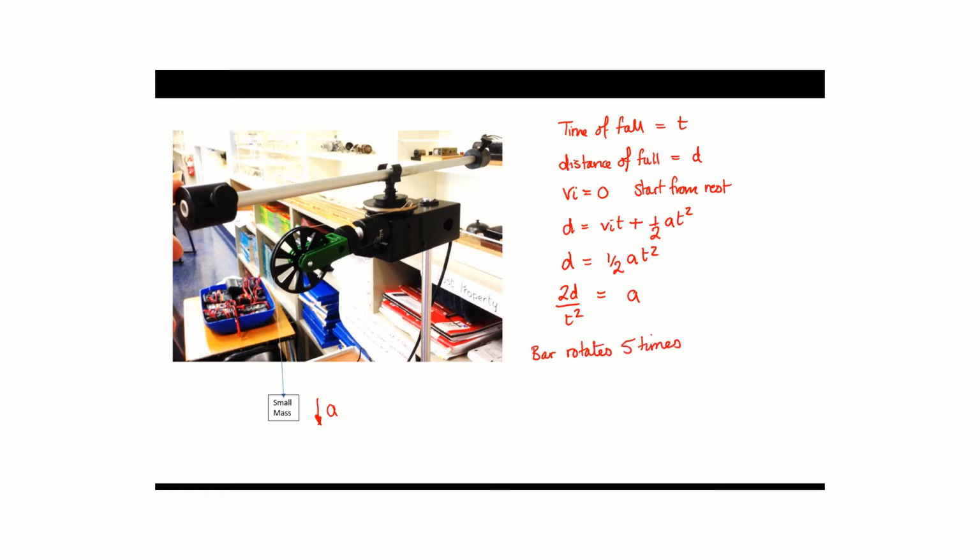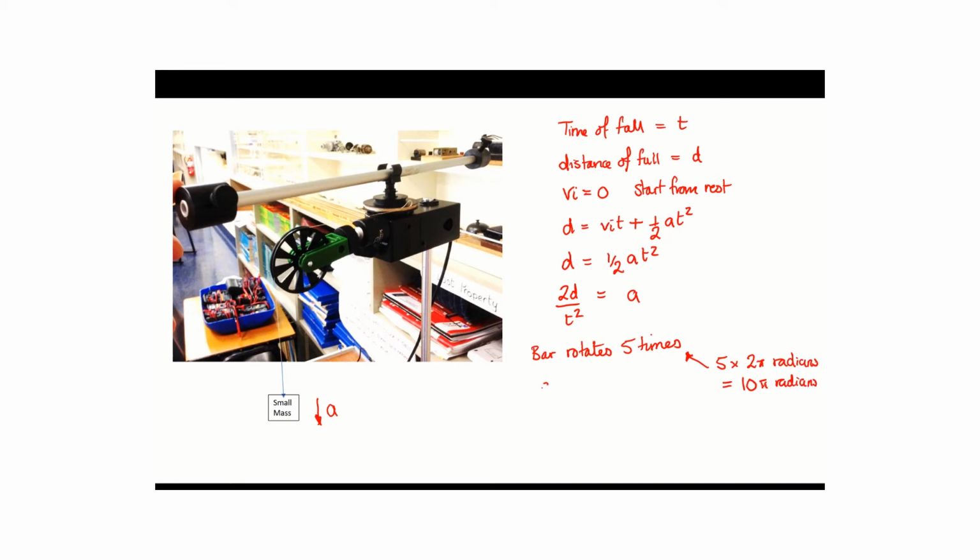That will give us 5 times 2 pi radians: the 5 for the 5 rotations, 2 pi because there are 2 pi radians in one rotation. So that will equal 10 pi radians.